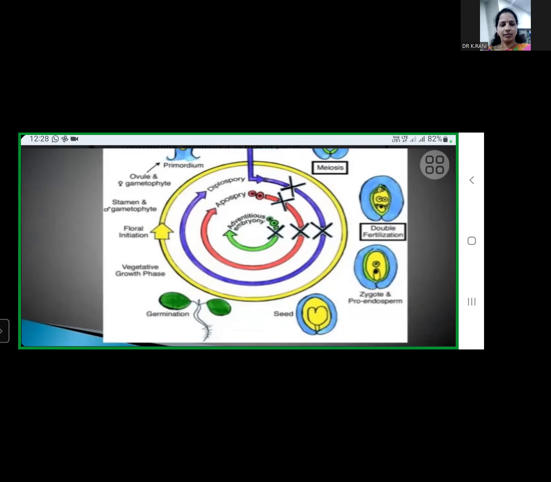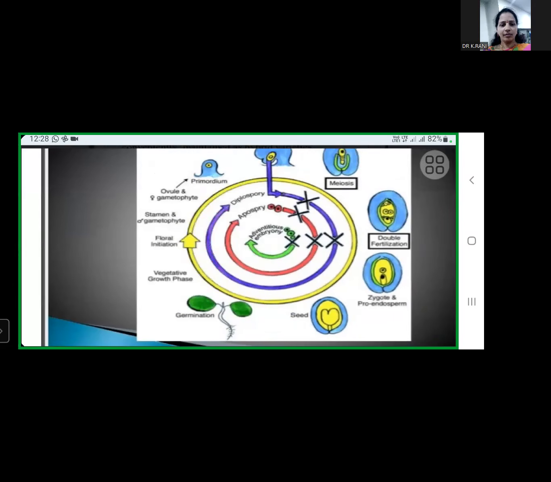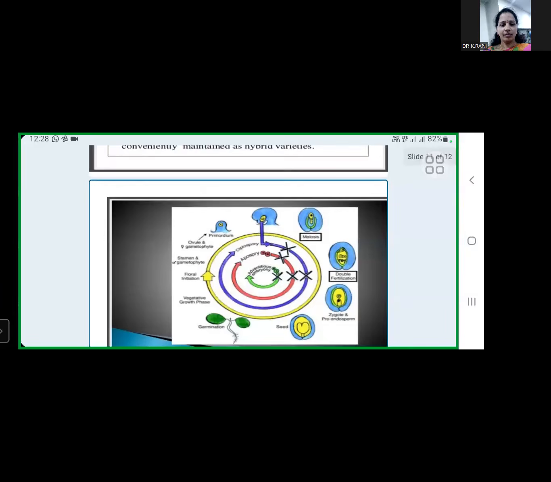But what are the methods of identification of apomictics? There are many methods and techniques to identify apomicts. First, apomictic plants can be identified by cytological analysis of the developing embryo sac.